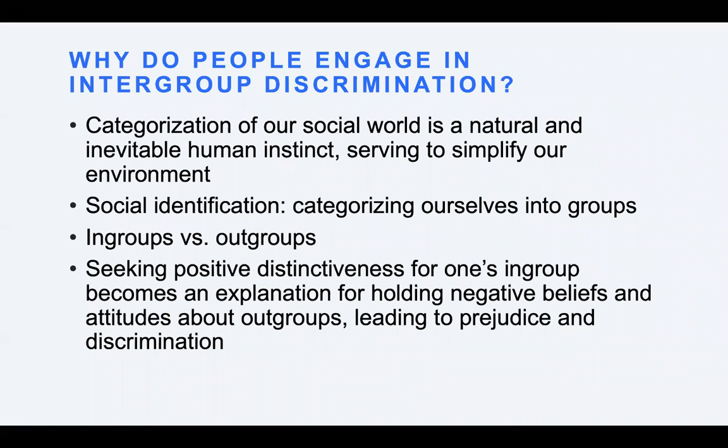And that influences our attitudes about the outgroup of K-State students, and ends up leading to prejudice and discrimination. It leads us to saying negative things about K-State students. It leads us to say that we are better than them. So it's all in an effort to build up our own in-group.